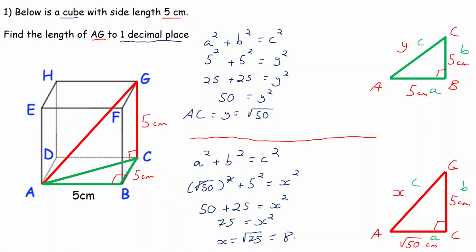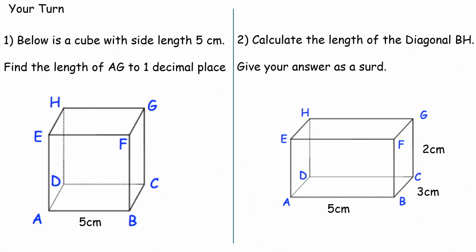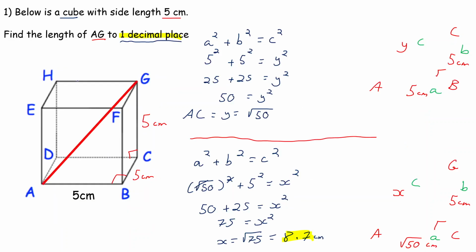So 8.7 centimeters, to 1 decimal place. Okay, so that is your answer to the first part. And let's go and put that in over here. So the first answer was 8.7 centimeters. If you got that, really well done.